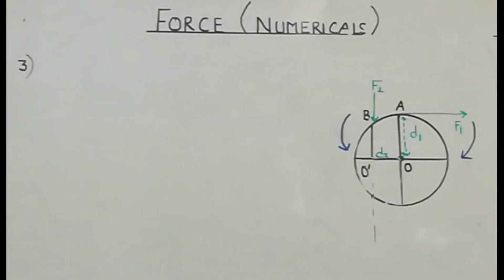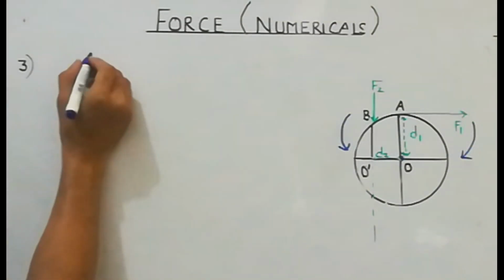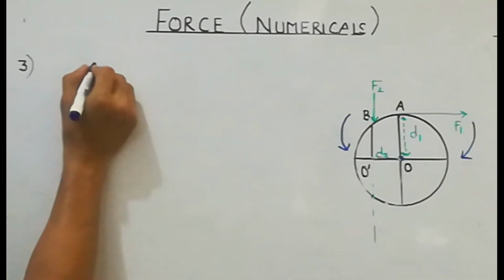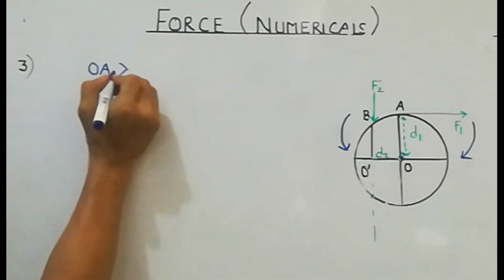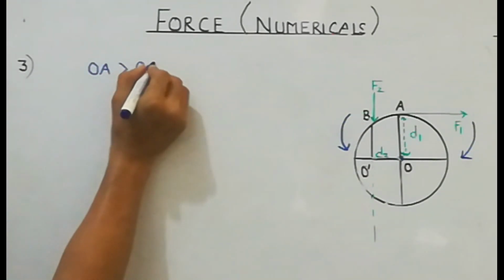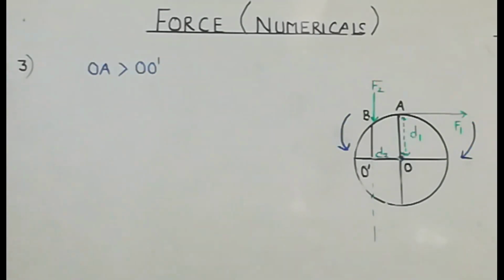As you can see in the diagram, AO is representing the radius, whereas OO dash is less than the radius. So you can say OA is greater than OO dash, right?